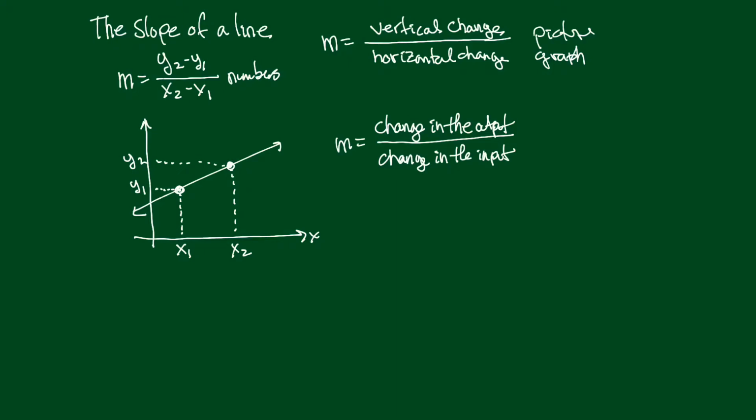If I'm given a picture, I'm going to use this form right here. I'm just going to count. I'll go down to my picture, start here on the left, count over and count up, and just put that in for the fraction. But if I'm given an application, this is what you would want to use. Because in an application, you're dealing with how does the output change as you make a particular change in the input. And where does this formula come from?